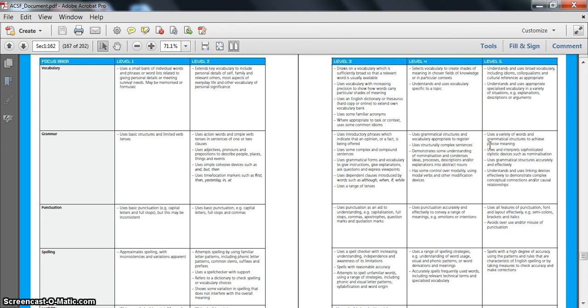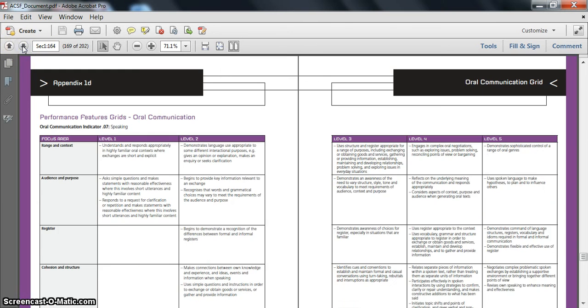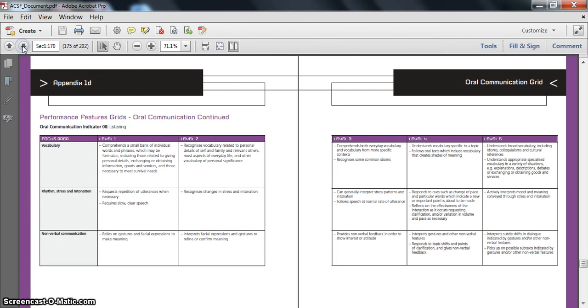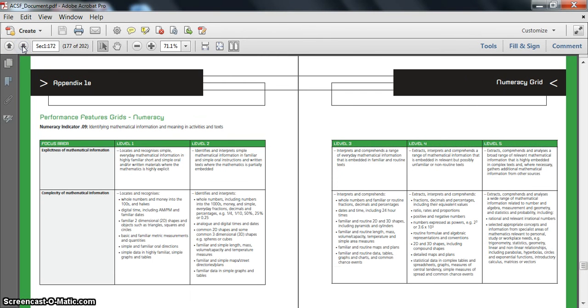Even though some of the concepts might be that they can make occasional mistakes with spelling, or that they use the spell checker, sorry, not the punctuation, if they're expected to use complex sentences, then that makes the whole unit level 4 in writing. In the mathematical concepts, we'll go over to maths, numeracy, and we're looking at the complexity of maths.